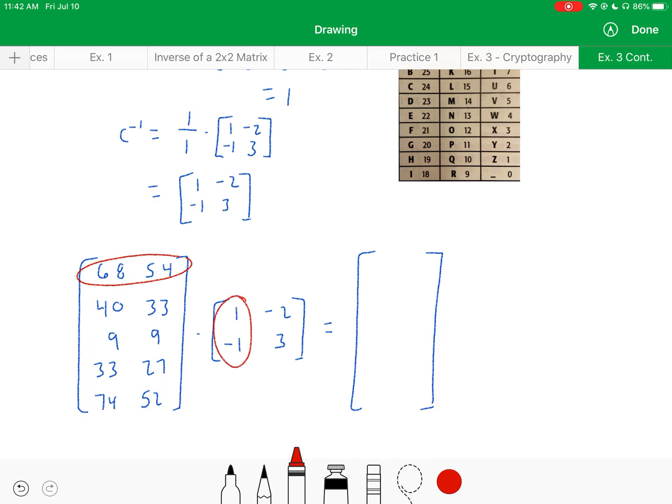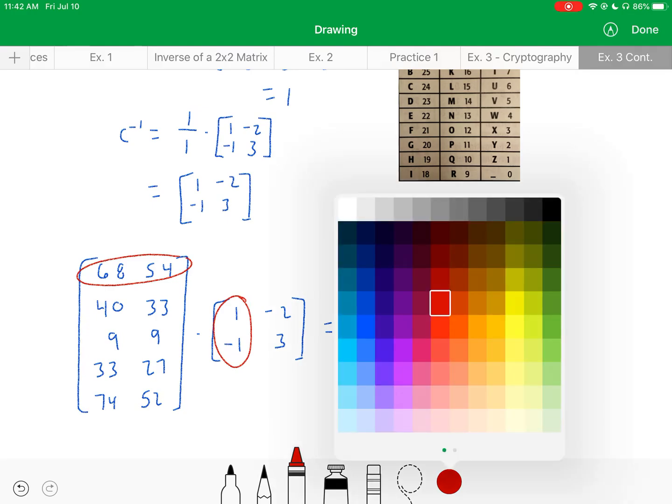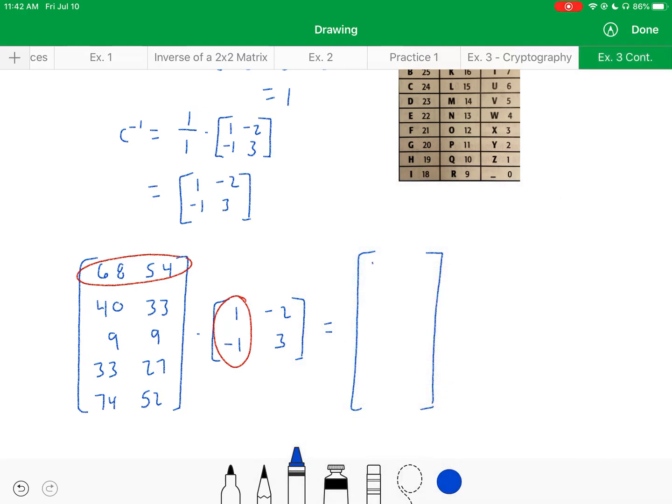So that's going to be 68 added with negative 54. That's going to result in a 14. Okay. And then just continue the multiplication process. 26, 7, 19, 0, 9, 6, 15, 22, 8.